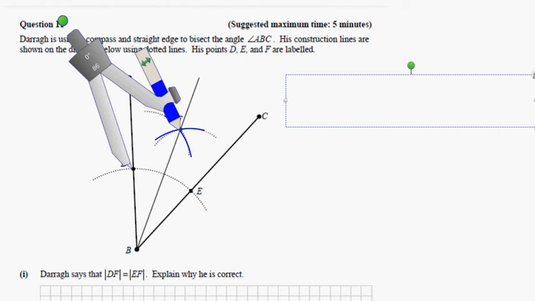Okay, so what we might say, let's make this smaller.